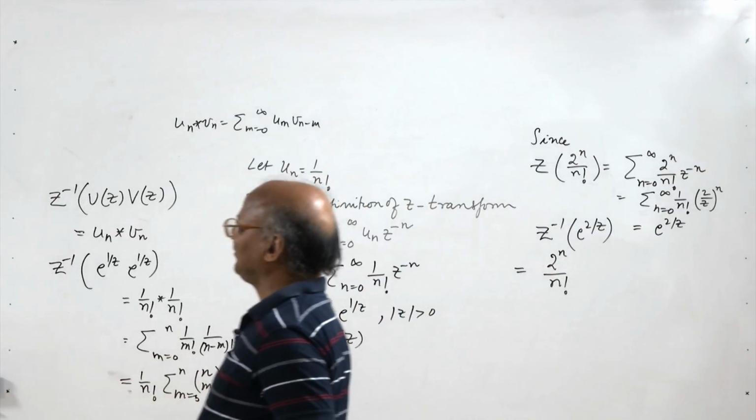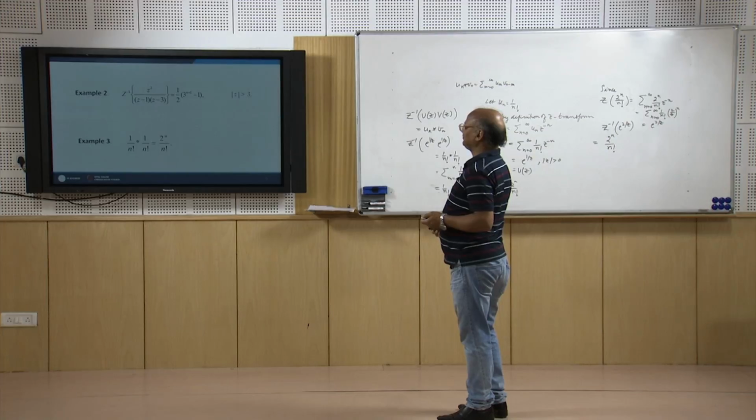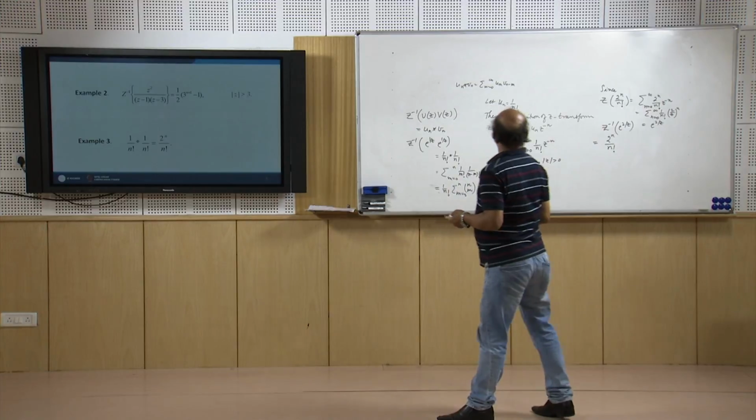So, the convolution of 1 by n factorial with 1 by n factorial will give you 2 to the power n by n factorial.